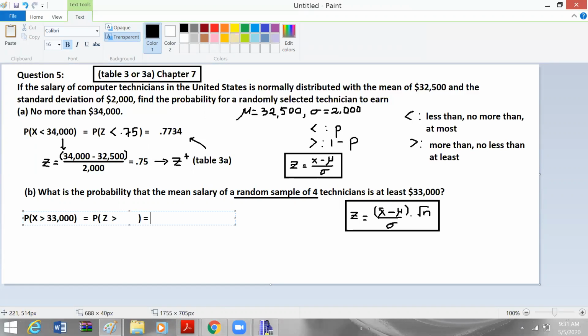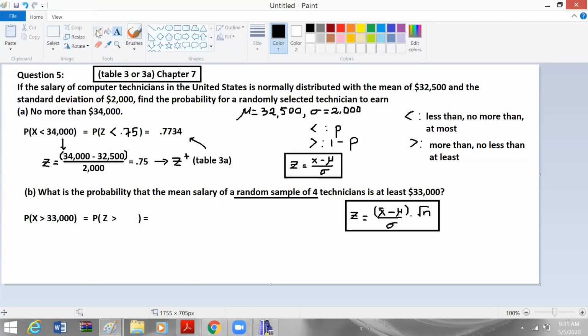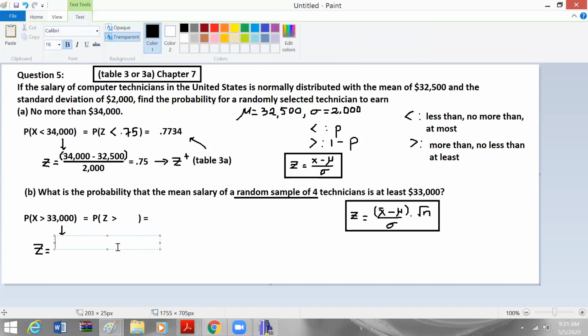And for this type of question, again, we need to apply the transformation. So that will be Z equal to X bar minus the mean, divided by the standard deviation, times radical n. So this is a thing that we need to do. So what we have so far, we're going to take 33,000 minus the mean, which is 32,500.